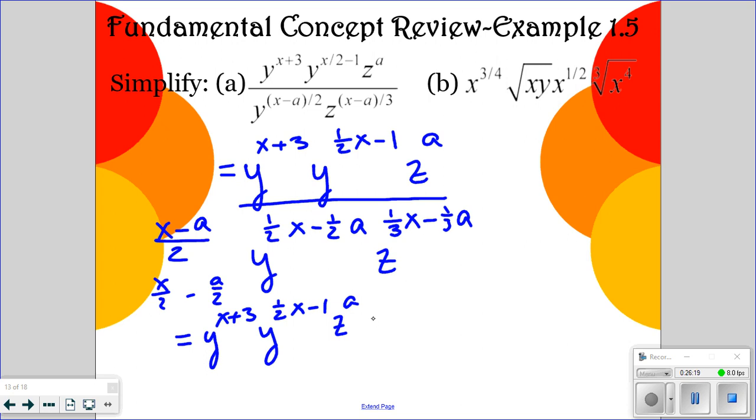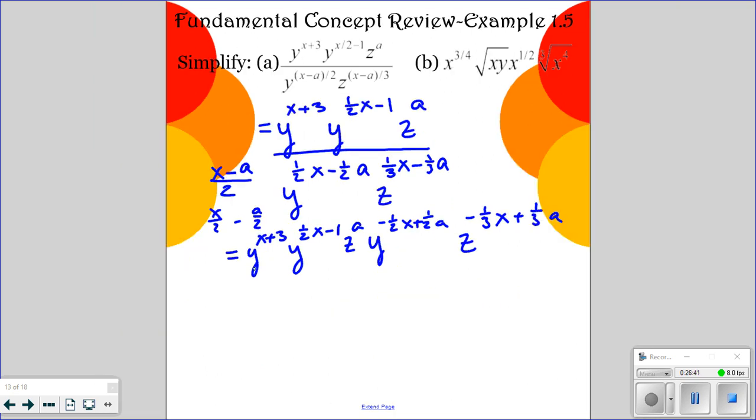And then in your denominator, to move it up, it's going to become a negative 1/2 x and a positive 1/2 a. And then the z is going to become a negative 1/3 x and a positive 1/3 a.